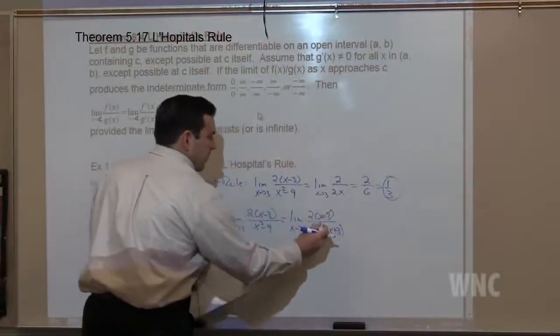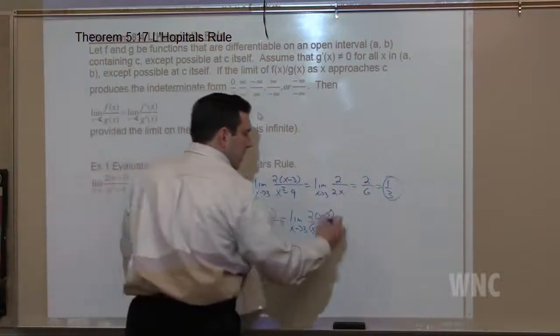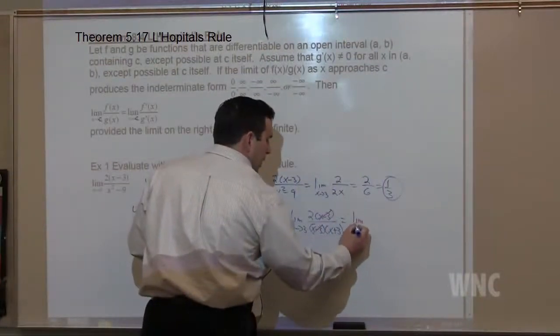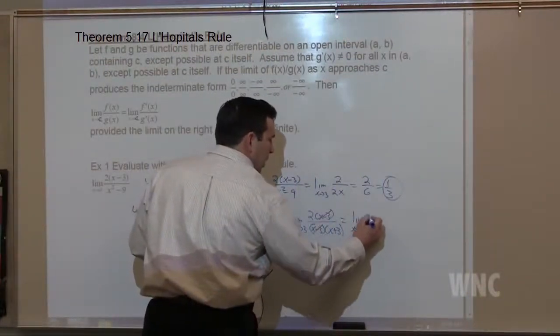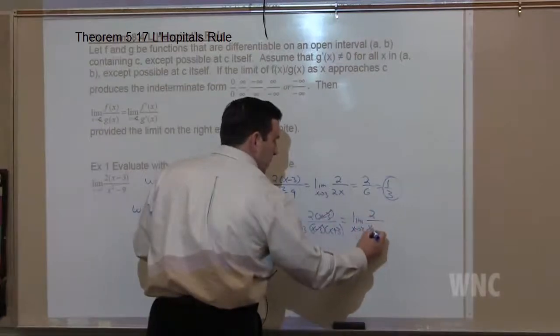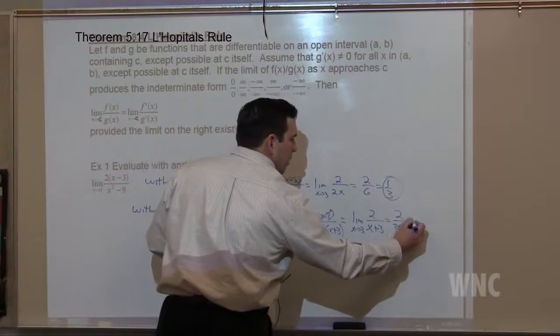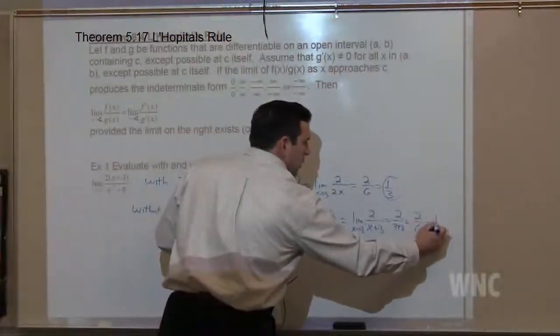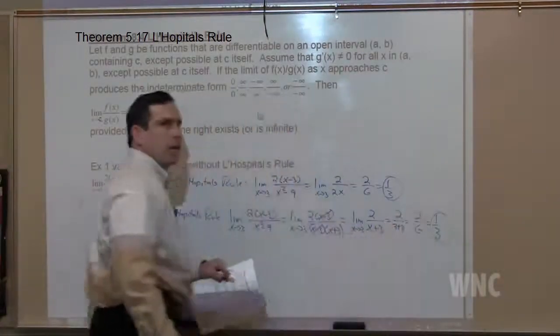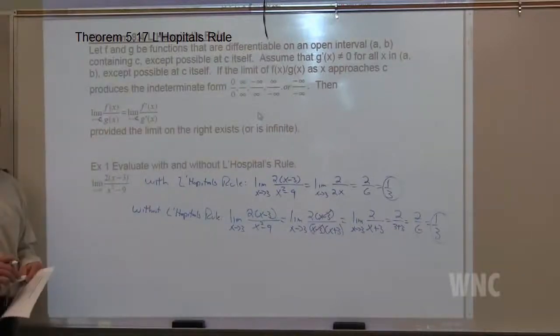So the x minus 3's divide out. This gives us the limit as x approaches 3 of 2 over x plus 3, 2 over 3 plus 3, 2 over 6, which is 1/3. Look at that. Same thing. Not a surprise, though. That's what we should have had.